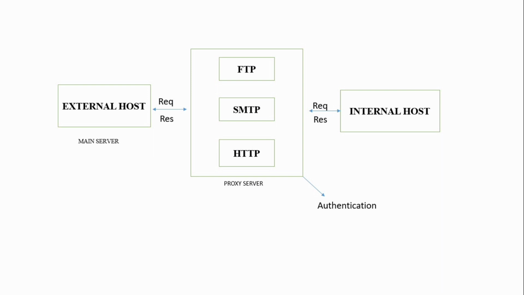The internal host sends a request to the external host, and the external host gives the response back. In between, there is authentication, which checks whether the request or response is valid. So the internal host and external host think there is a direct connection between them, but basically there is a proxy server between them.